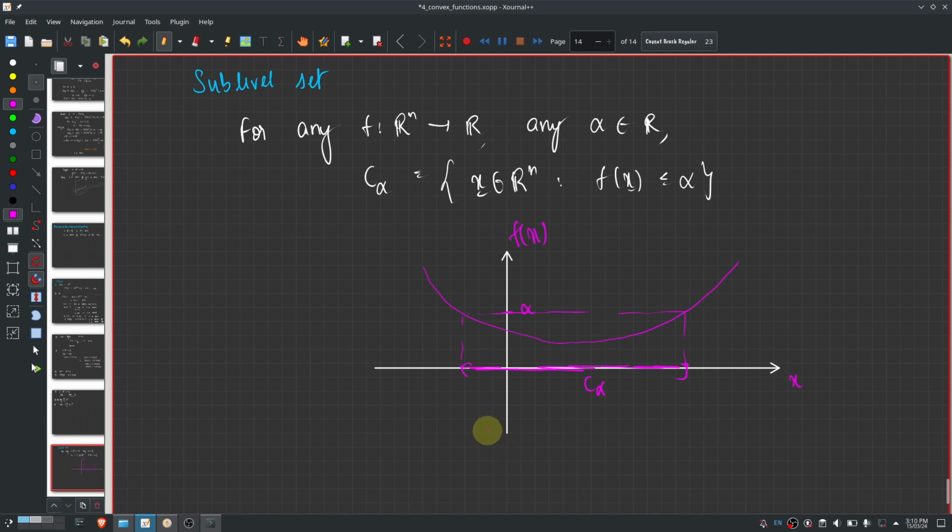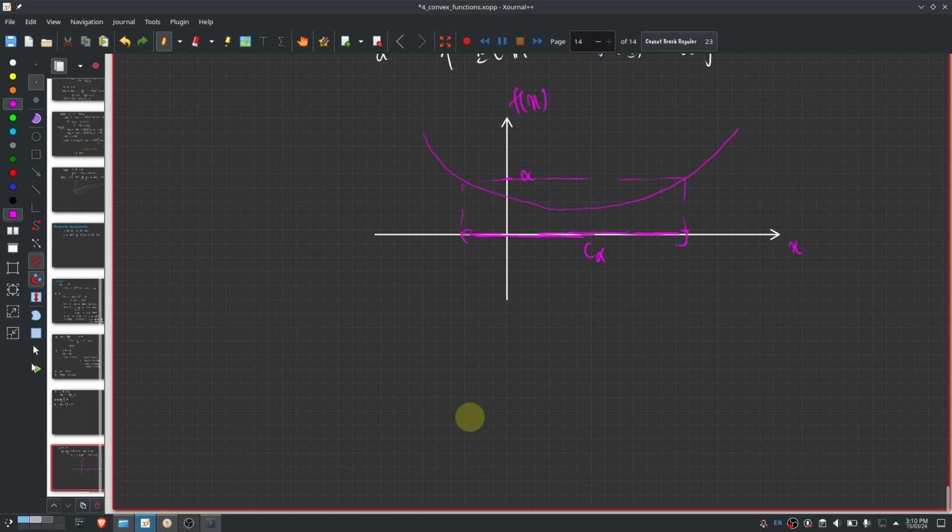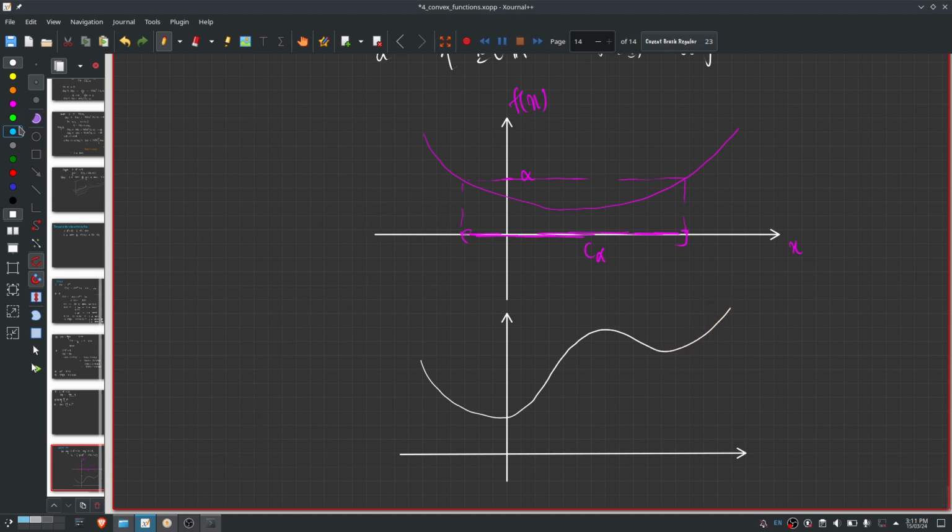Now, if the function is not convex in general, if it's some general function, then if I take, let's say, this particular alpha here, then the sublevel set could be a union of disjoint intervals.